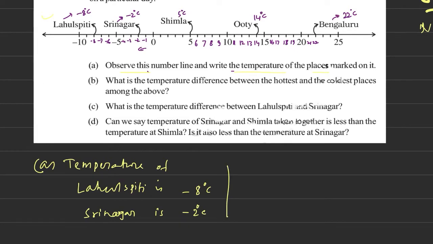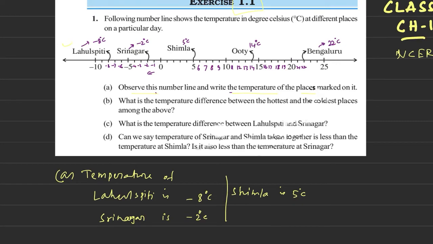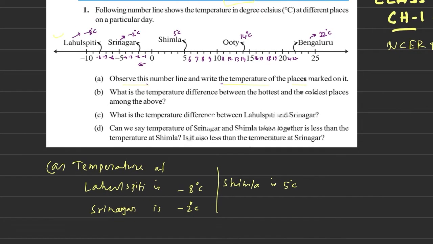On the other hand, Shimla is 5 degrees centigrade or Celsius, and the temperature of Ooty is 14 degrees Celsius, and the temperature of Bengaluru is 22 degrees Celsius. Okay, this is the answer of question A.